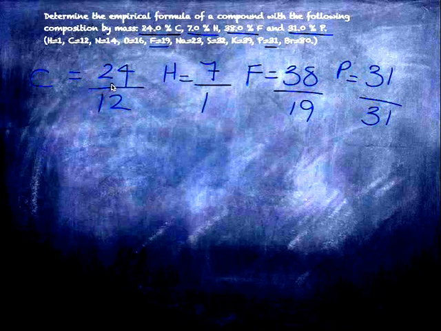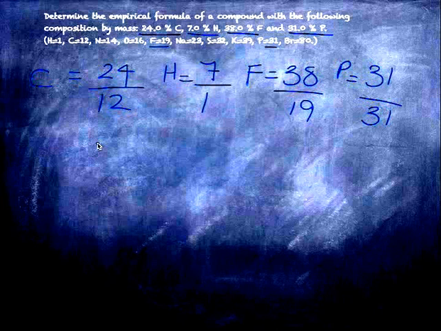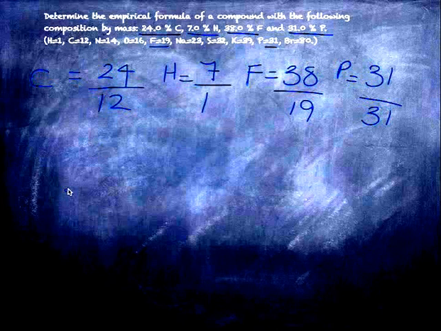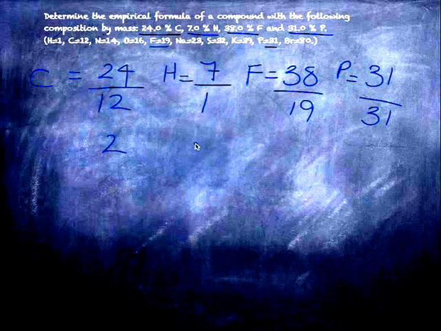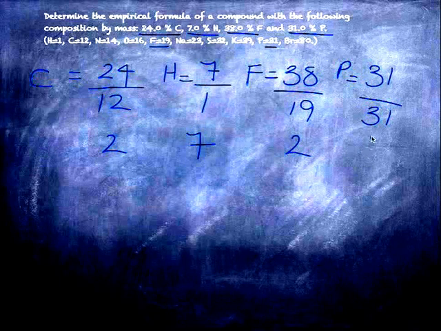So, working out the number of moles we have of each of these elements. For carbon, we have 24 divided by 12, which is going to be 2. The 7 divided by 1, which will be 7. The 38 divided by 19, which works out at 2. And the 31 divided by 31 gives us 1.